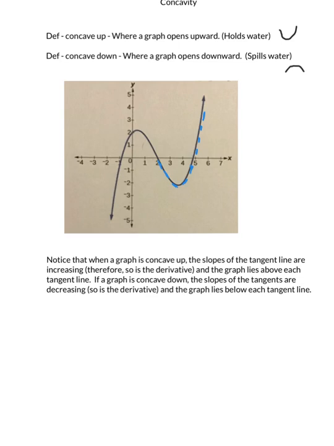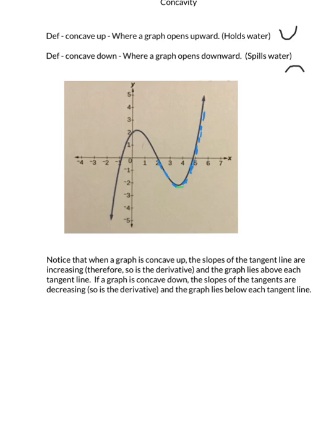They're going downhill. At the bottom here, it would be 0, and then we switch back to positive, and they get more and more steep, which is a higher and higher positive slope. Also notice that the tangent lines are below the graph throughout the area where the graph is concave up.